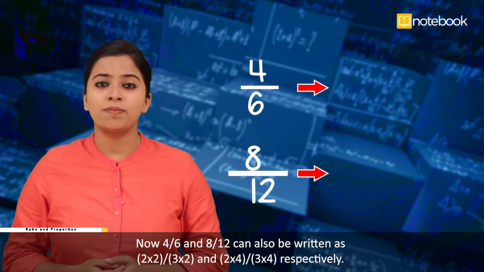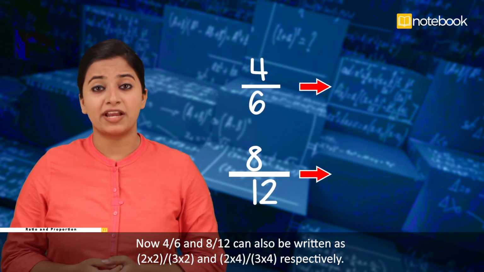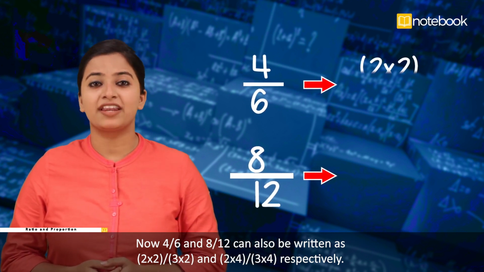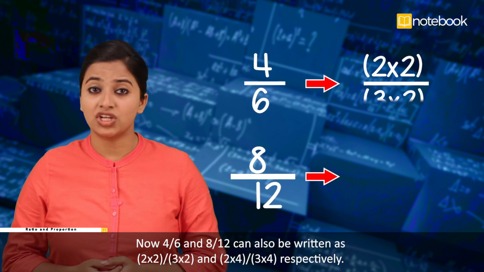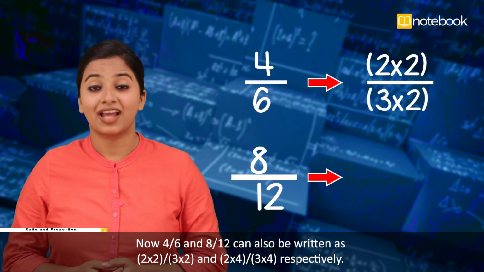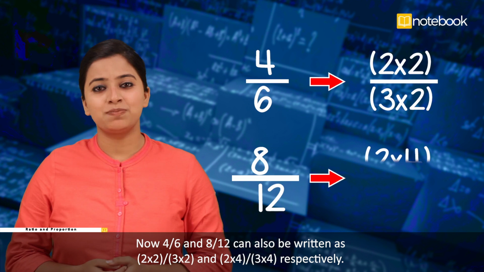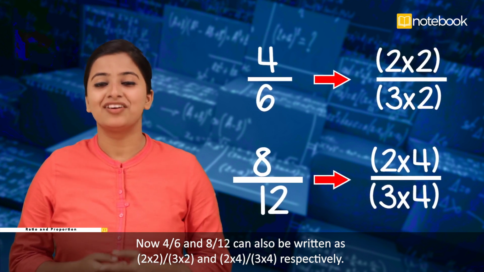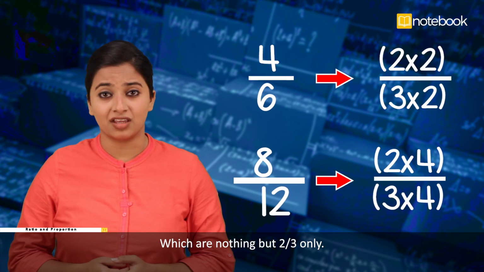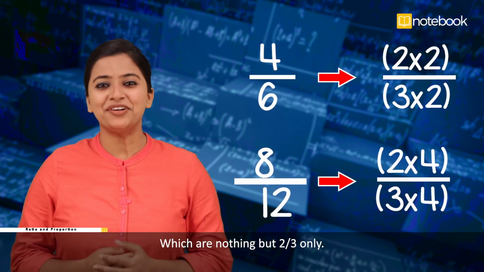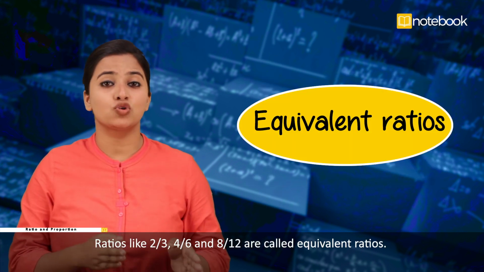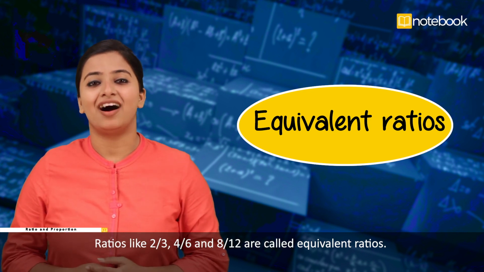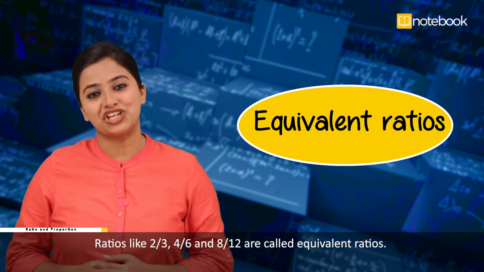Now, 4 by 6 and 8 by 12 can also be written as 2 multiplied into 2 by 3 multiplied into 2, and 2 multiplied into 4 by 3 multiplied into 4 respectively, which are nothing but 2 by 3 only. Ratios like 2 by 3, 4 by 6 and 8 by 12 are called equivalent ratios.